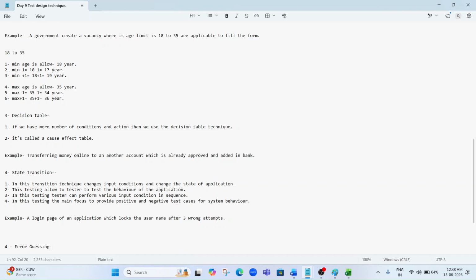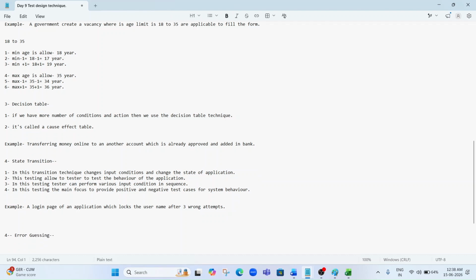Okay. So in error guessing, the tester uses experience and knowledge of common defects to identify test cases that might reveal bugs.